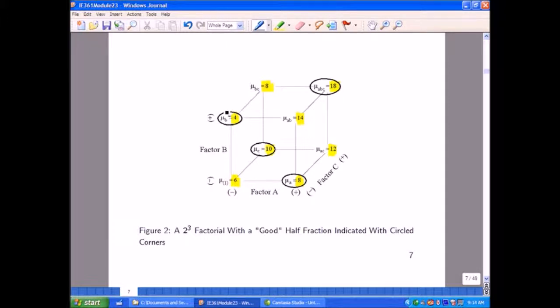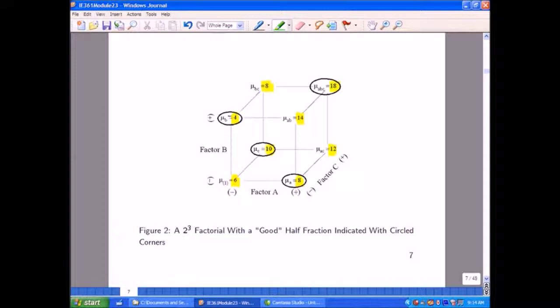That is, if you add together main effects, 2-factor interactions, 3-factor interactions, and the grand mean, you will get those 8 different means.